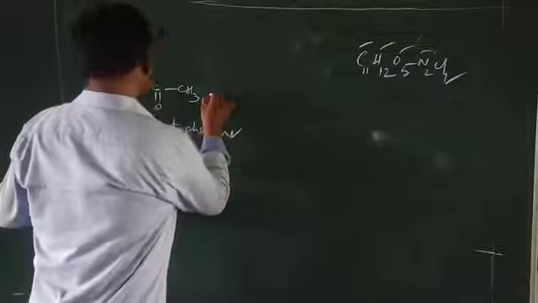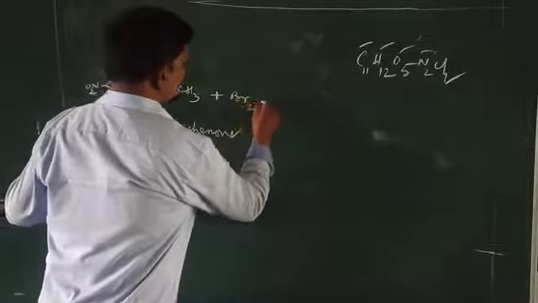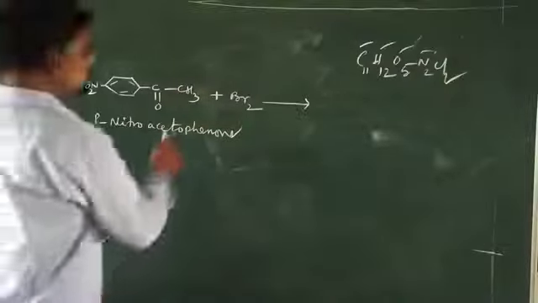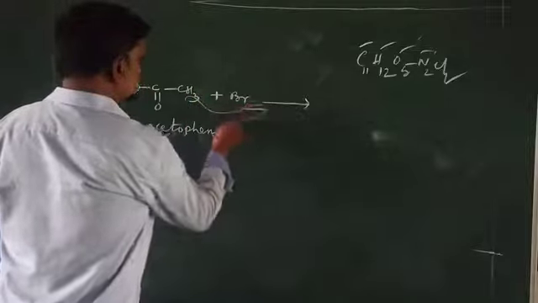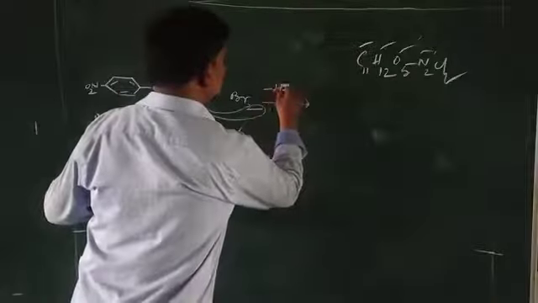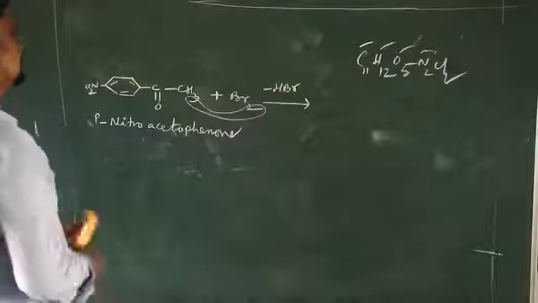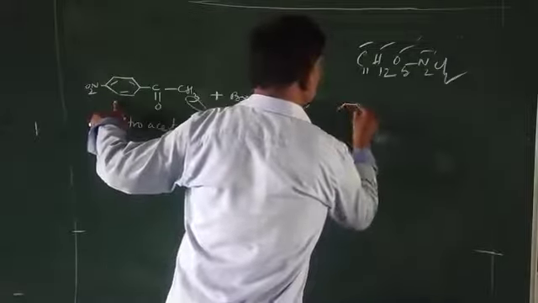So para nitroacetophenone treated with bromine, bromination. In this step here in this hydrogen and bromine, minus HBr eliminated. So remaining portion as usual benzene ring is there.